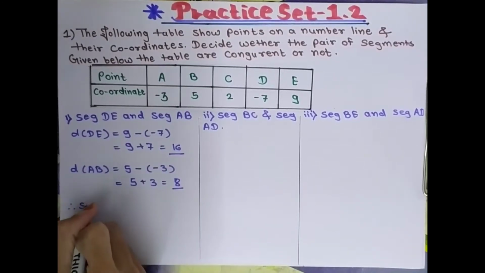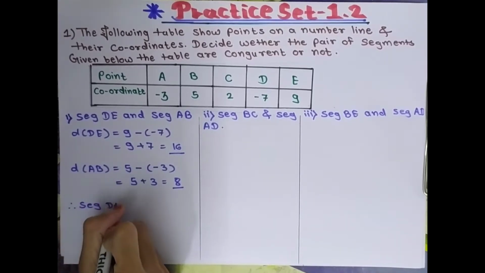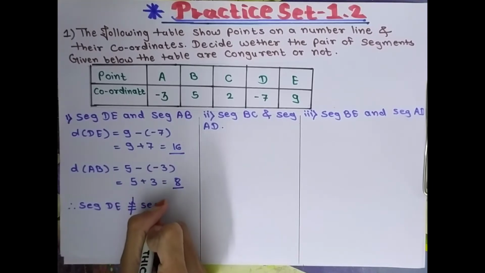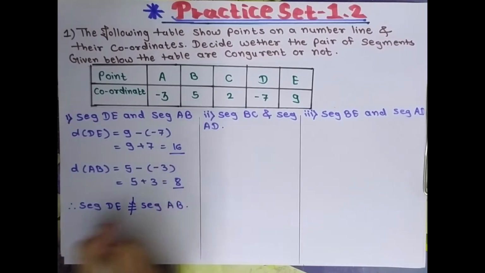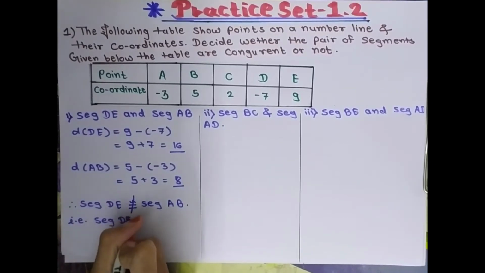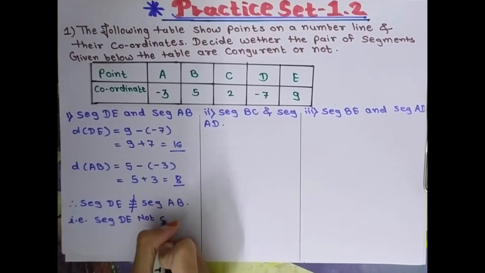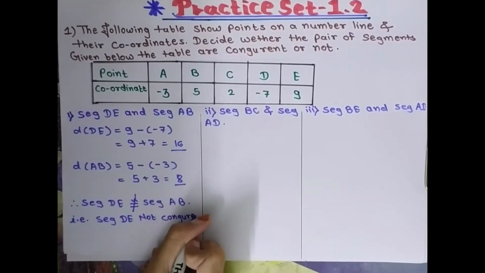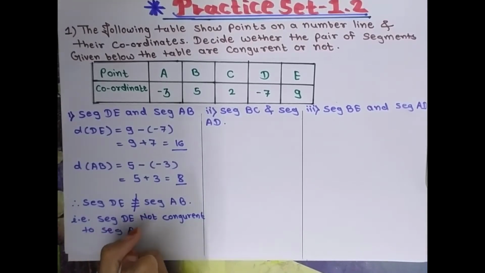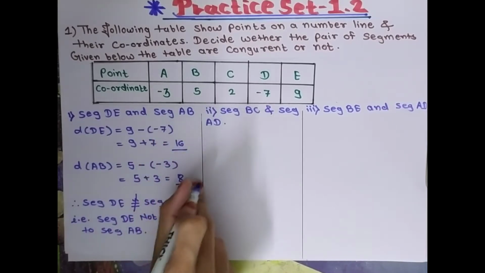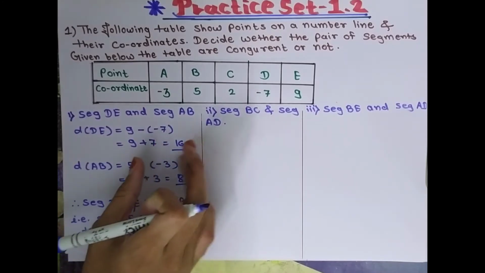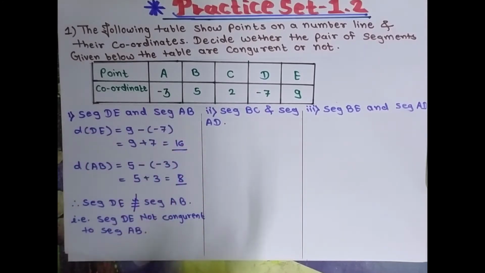Therefore segment DE is not congruent to segment AB. If both distances are different, then they are not congruent. If these distances are the same, then these two segments are congruent to each other.